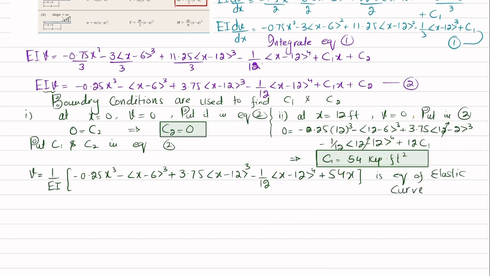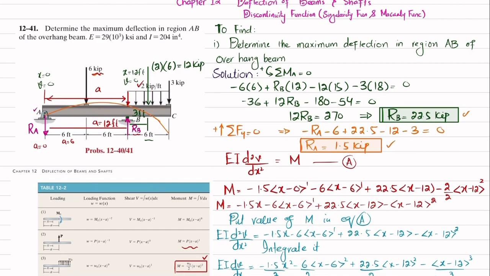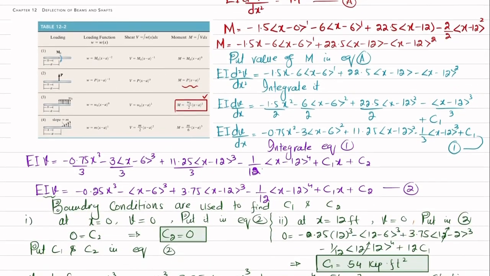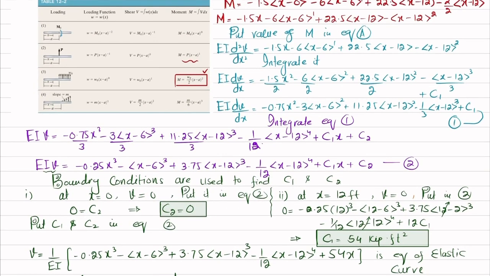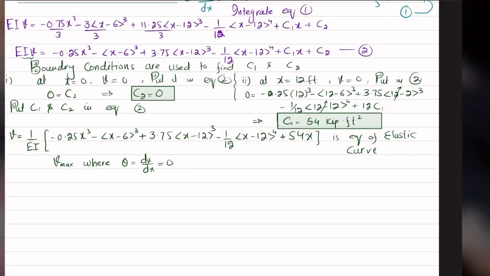Okay. Now if you know the value of x, we can see that here the maximum deflection occurs in region AB. Clear? This is region AB. But we do not know exactly the location of x where it will be maximum. So we know that deflection is maximum where the slope of the curve, which is equal to dv over dx, is equal to 0. So we will get the equation of slope from equation number 1.